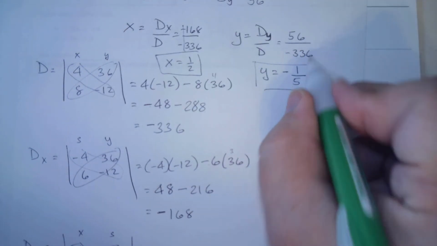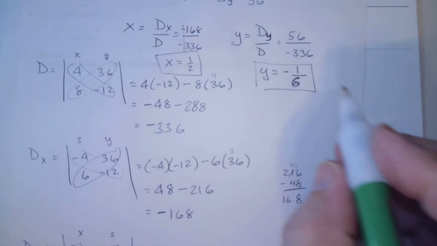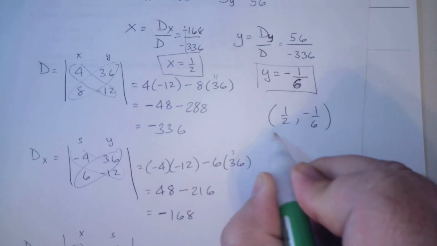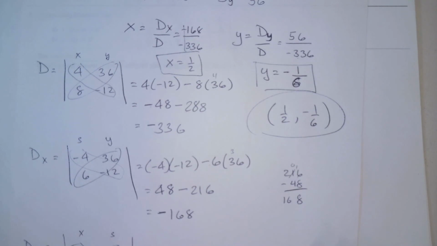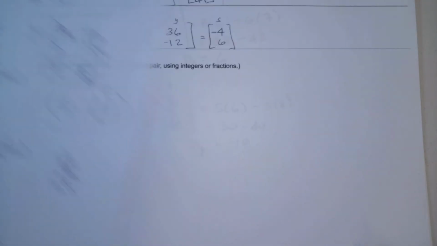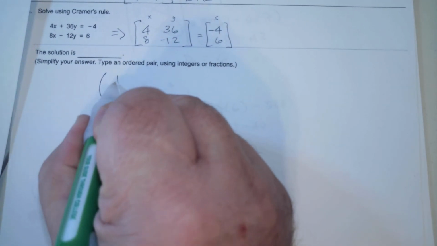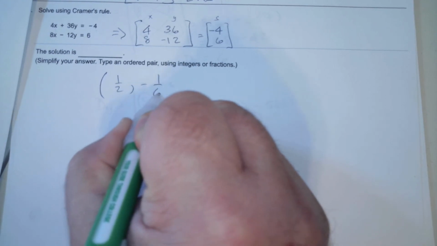So the solution is 1 half, negative 1 sixth.